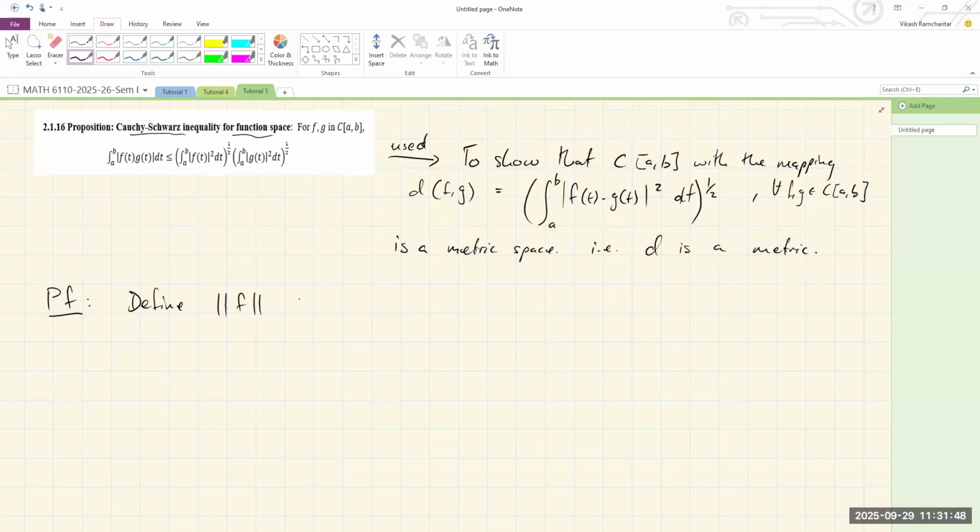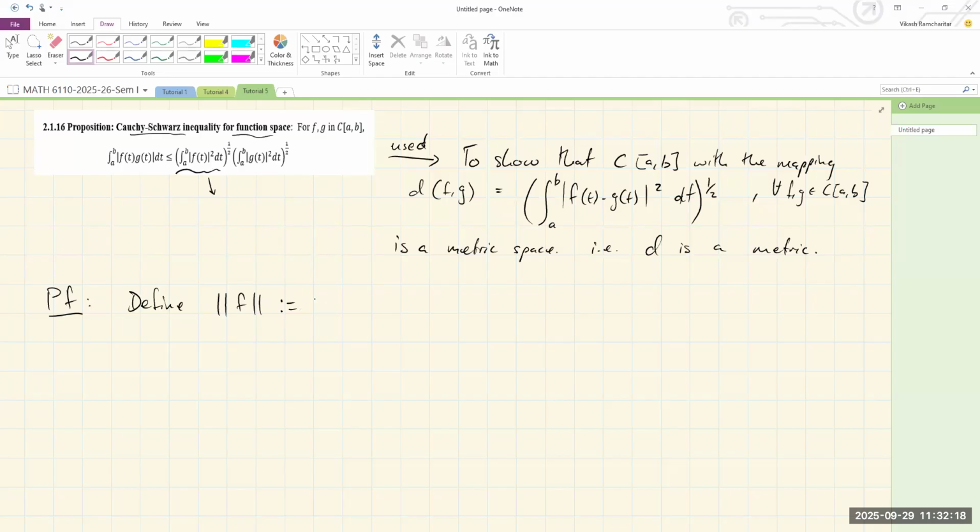Now we haven't proven that it's a norm, but if I refer to it as a norm, it's only because it does satisfy all the properties of a norm, but that is something that you may have to prove later on. I'm going to call this object the norm of f.